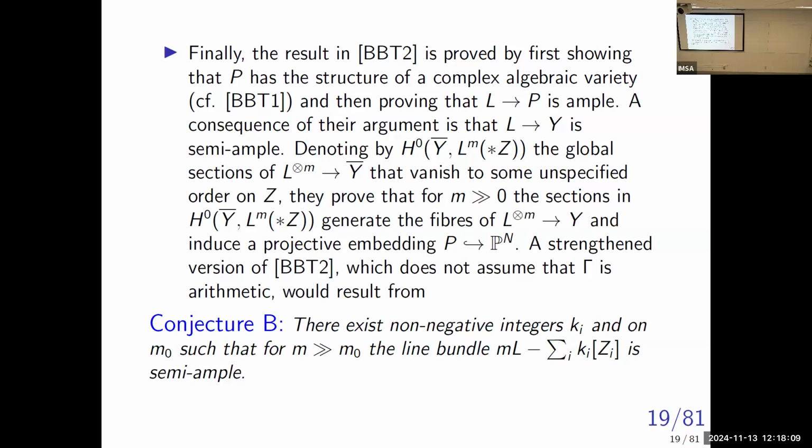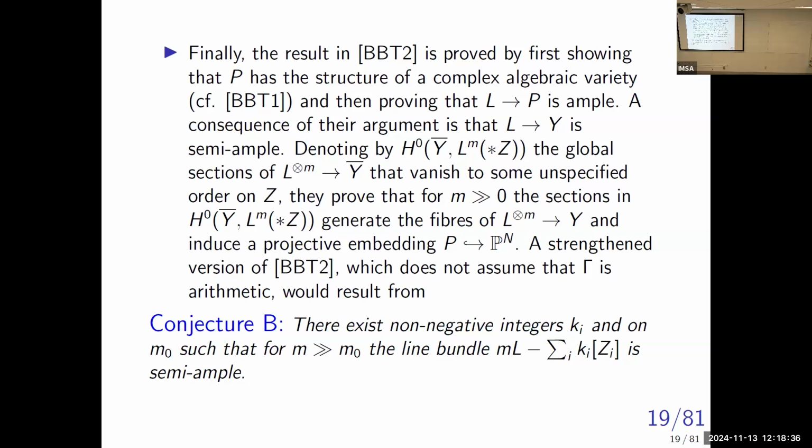So you can ask for your original parameter space, your Y with a Z added. The image is an algebraic variety that has a semi-ample line bundle on it. What's an ample line bundle on the original parameter space with a normal crossing divisor?